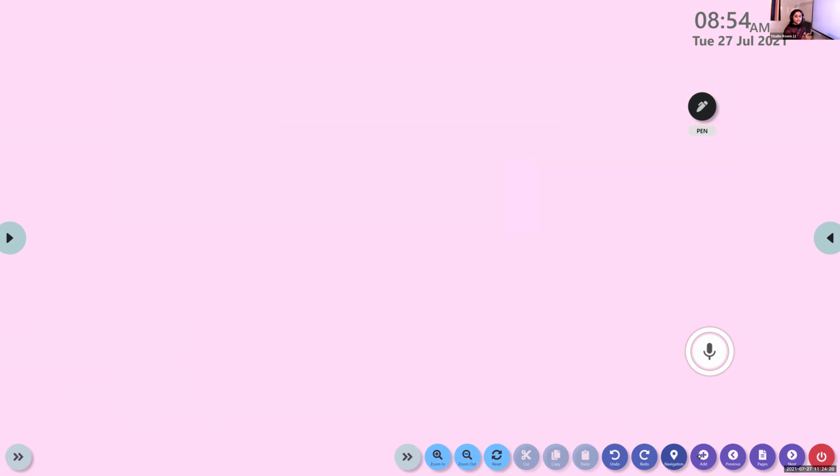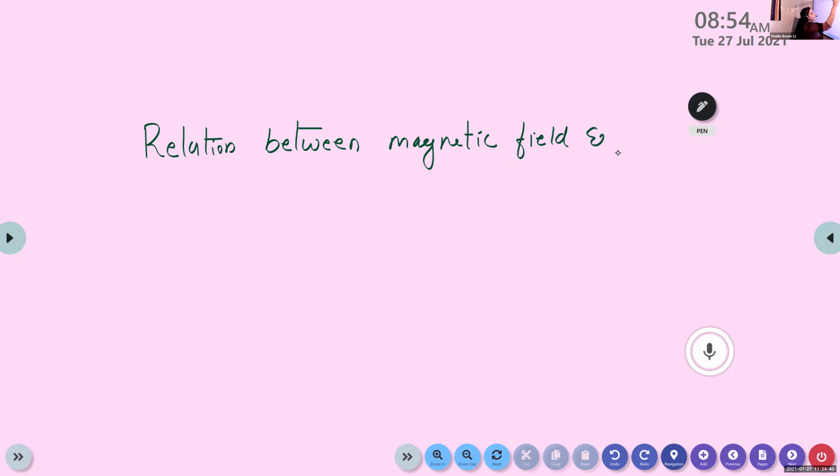Now we can make a relation between the magnetic field and the magnetic field intensity. All of you write a subheading: relation between magnetic field and magnetic field intensity.